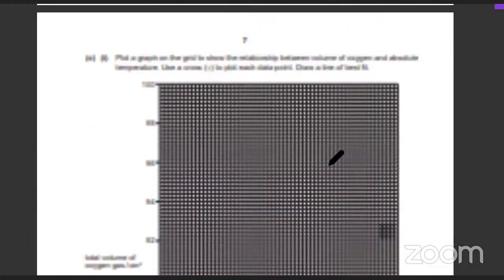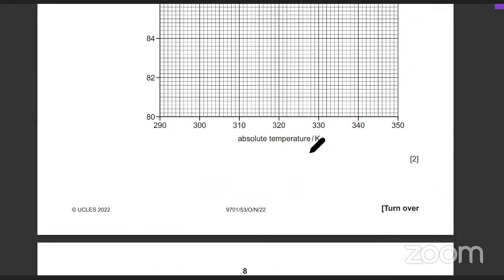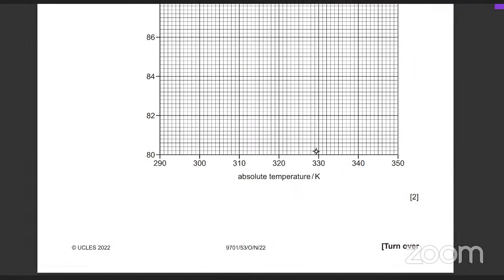Yep, absolute temperature. So the first points are 297, 82, and 84. Just a second, 297. Where's 297? I guess that's this point.